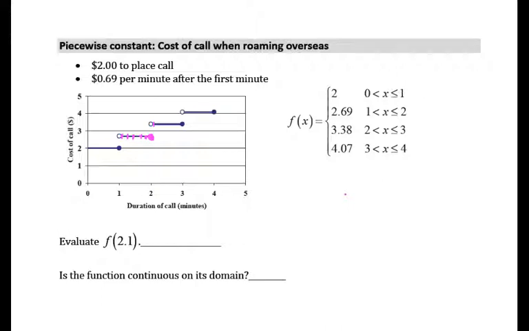So if we want to evaluate f of 2.1, all we have to do is figure out that 2.1 is in this bin, that the formula is 3.38, and therefore our answer is 3.38, right? And therefore the cost of a 2.1 minute call is $3.38.